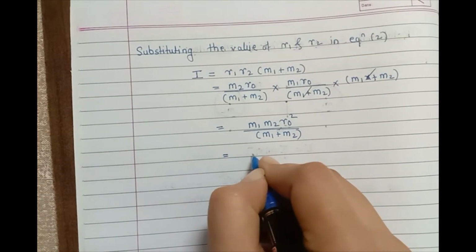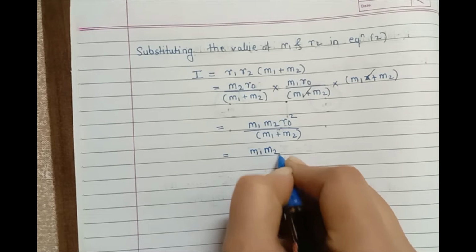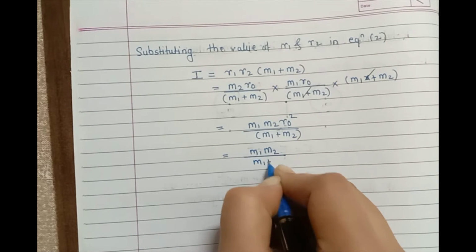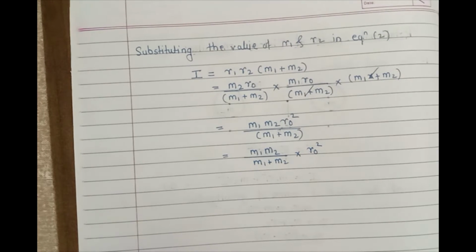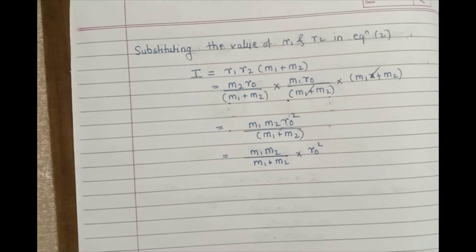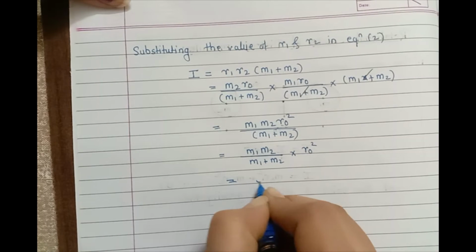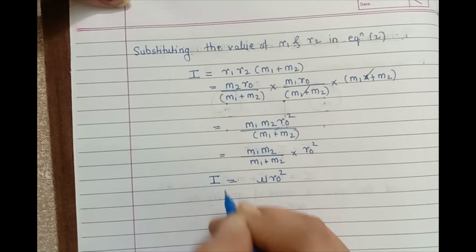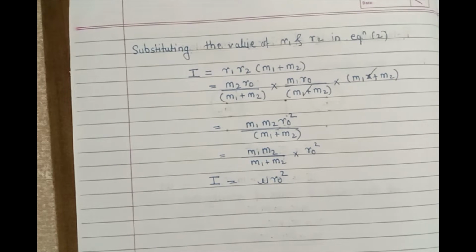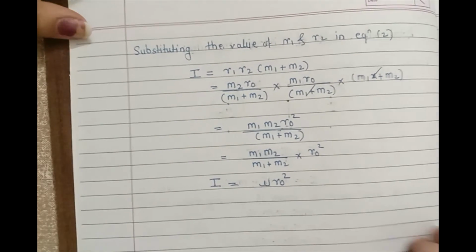So we know that M1 into M2 upon M1 plus M2 is equal to the reduced mass, which is denoted by mu. So I is equal to mu R0 square. Okay.